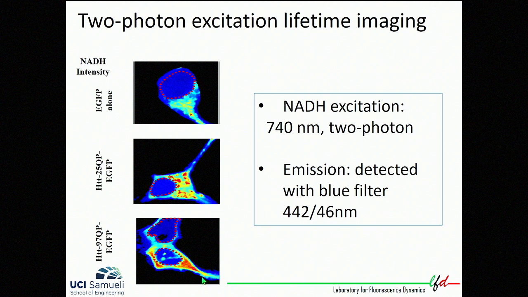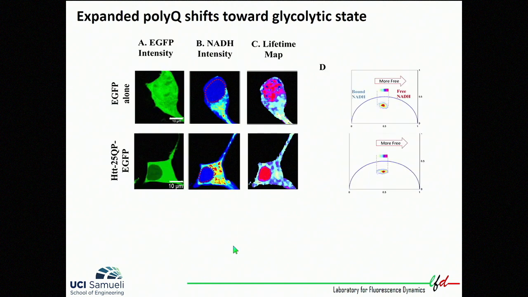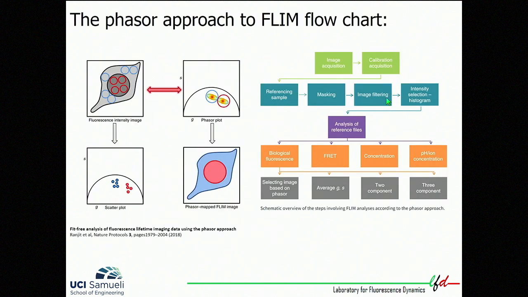In principle, we don't need to label these cells with GFP, just to note where the actual Huntington protein is being expressed and forms inclusions. And with our trajectory, what we see is that, from the wild type or normal cells, we see a shift in the amount of free NADH as this expression is increased.